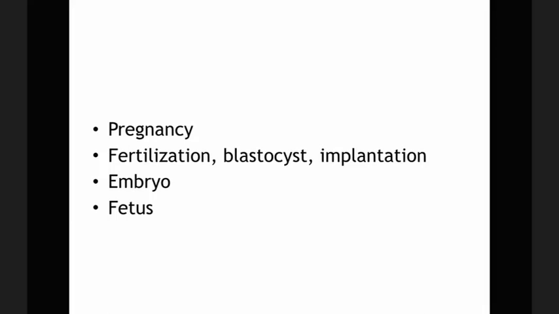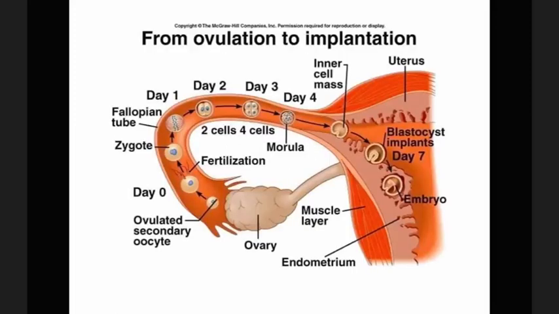Okay, so there are lots of terms that you should be familiar with when you do obs and gynae. This picture describes the ovulation. Soon after ovulation, the ovum will be viable for 24 hours, up to 30 to 36 hours, and the sperms will be viable for another few days, up to 48 to 72 hours.